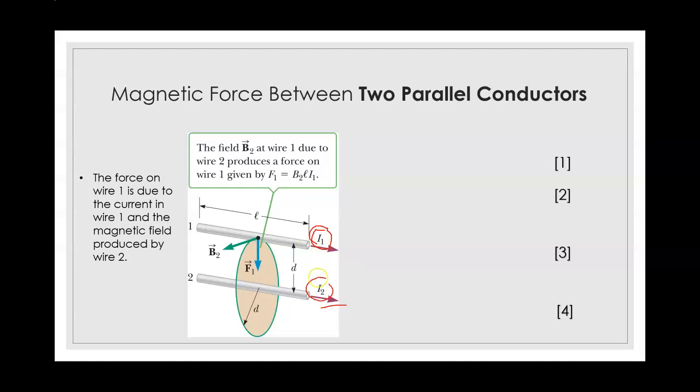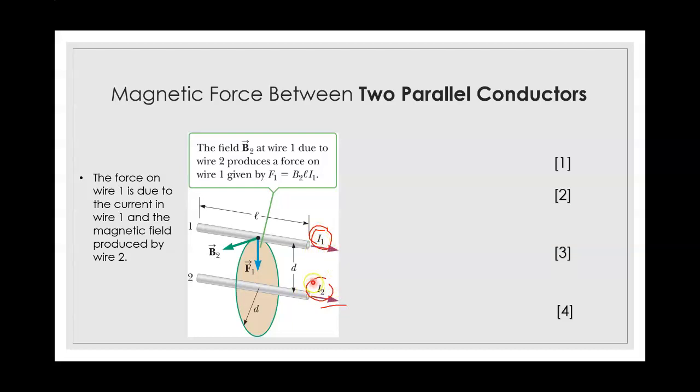Okay, in this calculation we are finding the force on wire 1. We can find the force on wire 1 due to the magnetic field of wire 2. The current I2 sets up magnetic field B2 at wire 1.